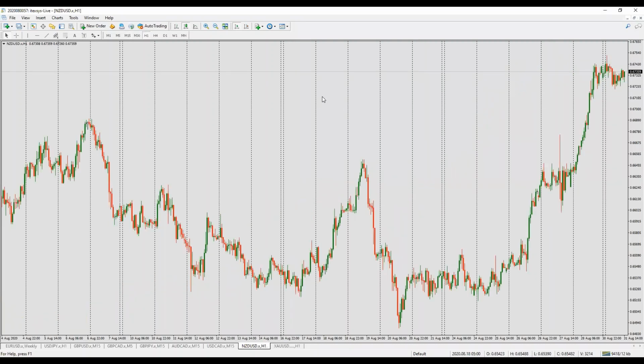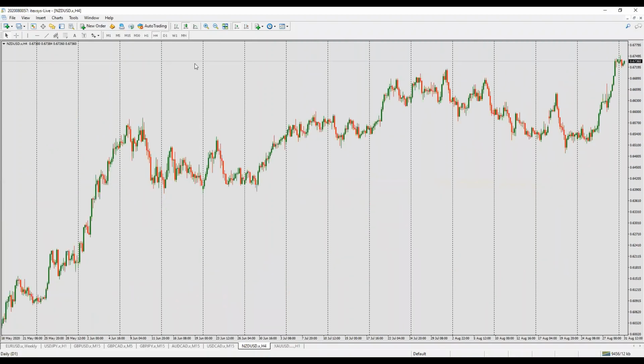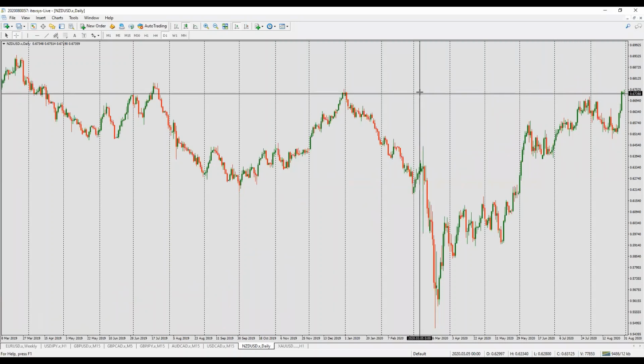Let's switch to the hourly chart, 4-hour chart, daily chart, just to indicate what's on the left. As you can see on the left, that was originally the supply here. If you take a look at this daily chart, I would like to explain what we can see.